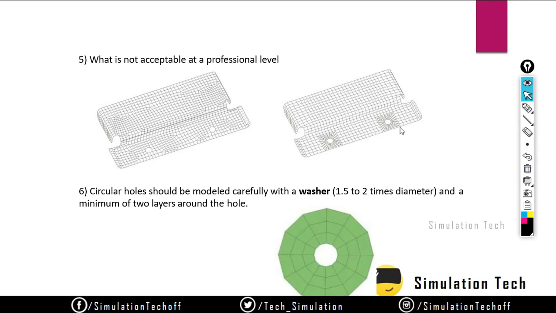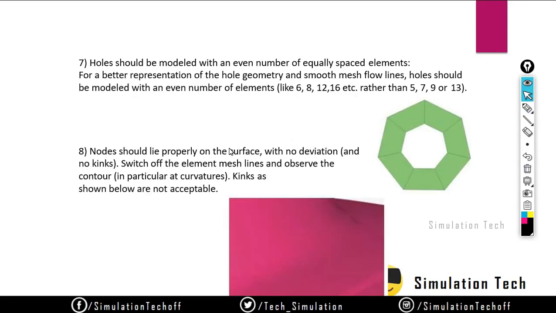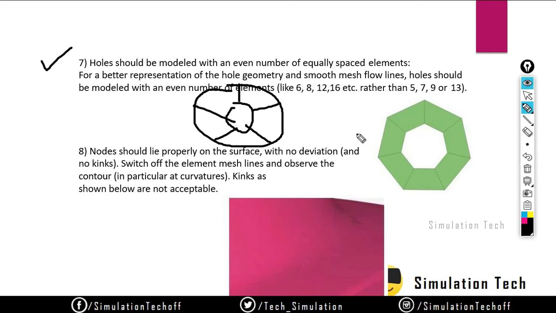Next, rule number 7 is about splitting the washer. So if you have a circle, you can split the circle or hole by a washer structure. While splitting that, there is another issue. Here you will notice 1, 2, 3, 4, 5, 6, 7.